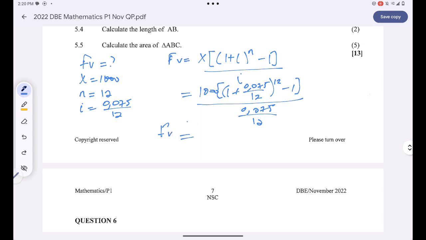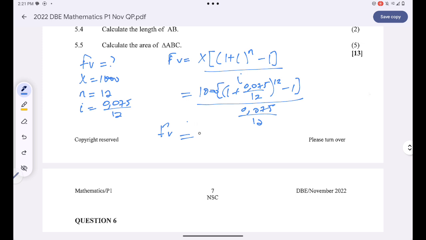So my future value is 1,000 multiplied by [1 plus 0.075 over 12 all raised to the power 12, minus 1], with 0.075 over 12 as the denominator.